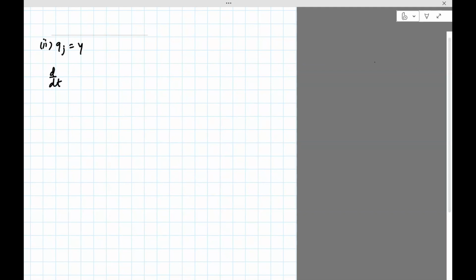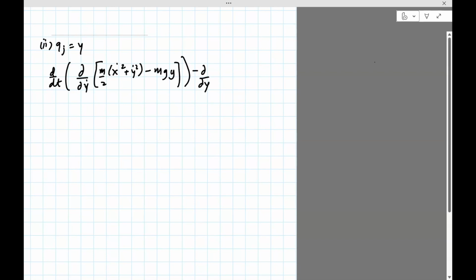So I need to do d/dt of the partial derivative with respect to y dot. I can write the Lagrangian here: m divided by 2 times (x dot squared plus y dot squared) minus mgy, minus d/dy of m divided by 2 times (x dot squared plus y dot squared) minus mgy, equals F_y.